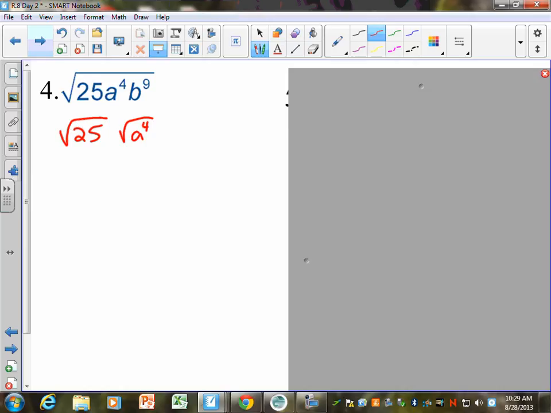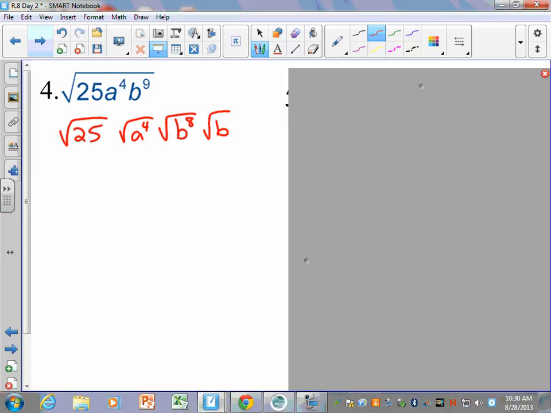So what if I wrote this as the square root of b to the 8th and then an extra b left over? Is that the same as b to the 9th? Yeah. And you should be able to take the square root of b to the 8th because it goes into the index evenly. You always want the exponent to be divisible by the index that's over there. So you're going to have stuff that's out in front of the radical that works out nicely, and then you're going to have stuff that's left over underneath it.